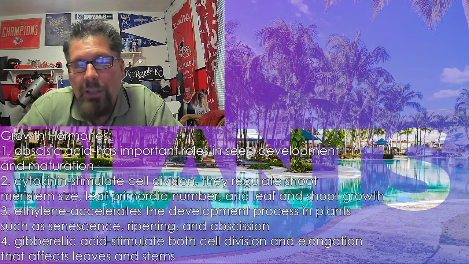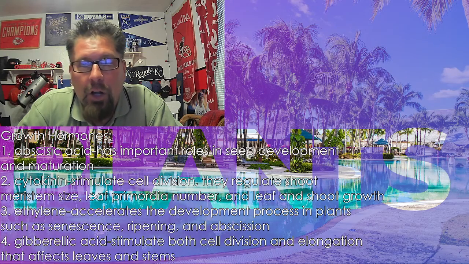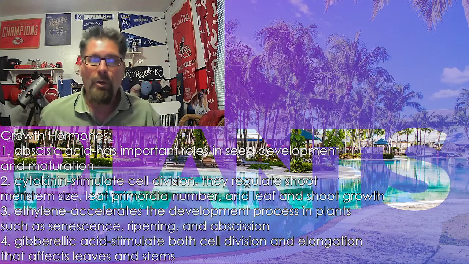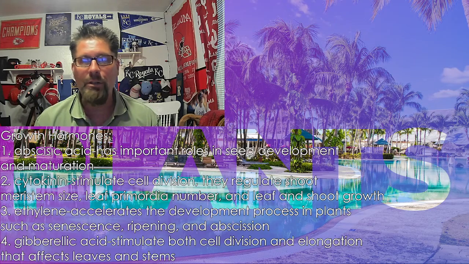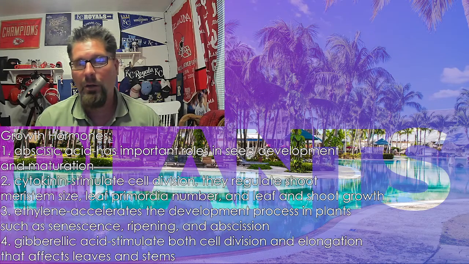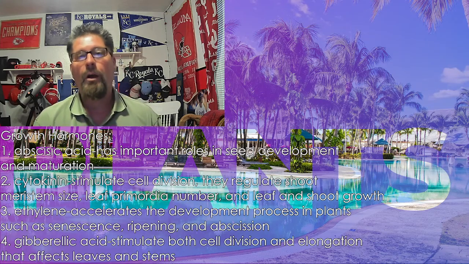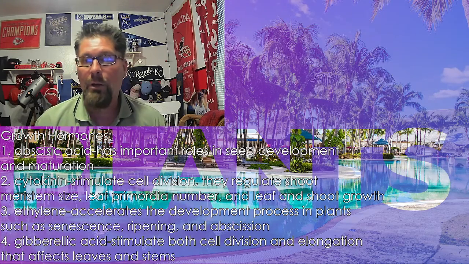When there's a lot of this acid early on, and then it decreases, that promotes cell development. In other words, the seed now knows that, okay, I'm fully developed, and now it's time to start germinating and getting going here.